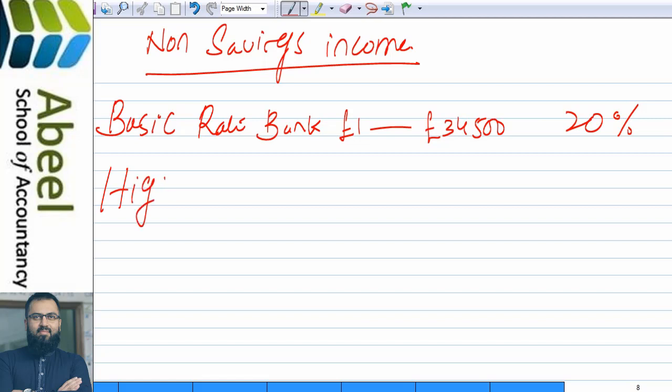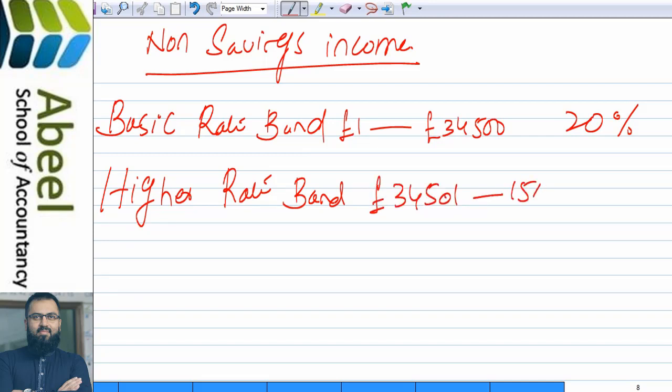Higher rate band, that is 34,501 till 150,000. The tax rate is 40%.